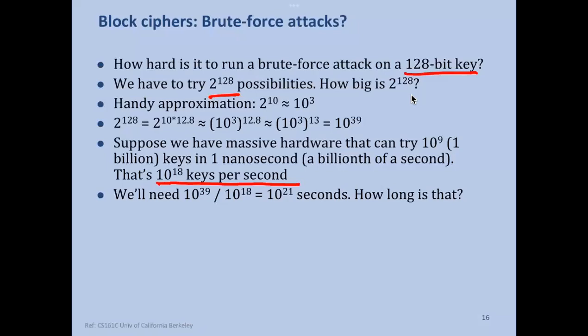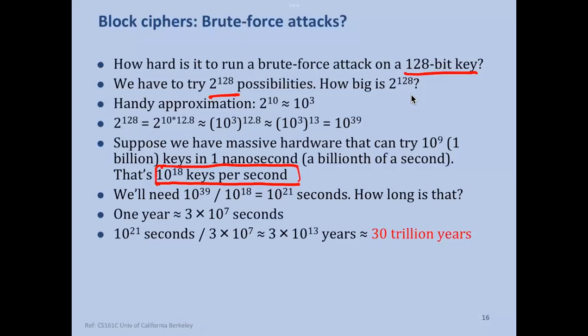It works at the rate of 10 raised to the power 18 keys per second. In order to break it, it will take 30 trillion years. So this is impossible to break. The brute force method is impossible.